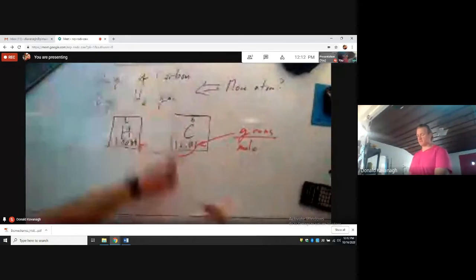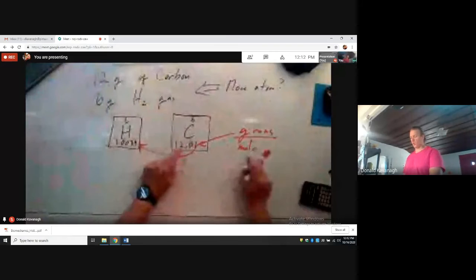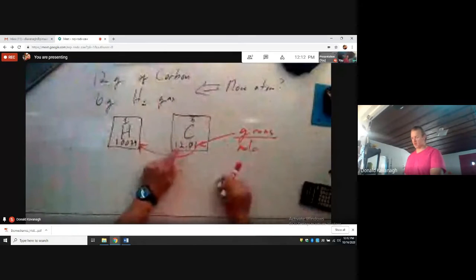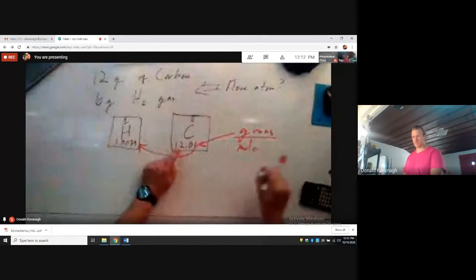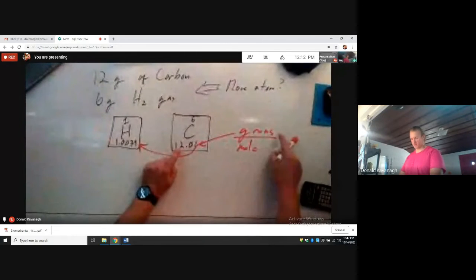So what that means is that if you have a quantity of carbon atoms, i.e. 1 mole, it'll weigh 12 grams. And remember, 1 mole is 6.022 times 10 to the 23rd.